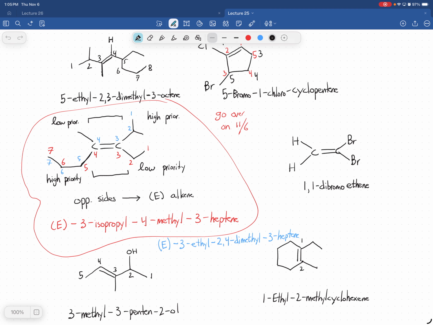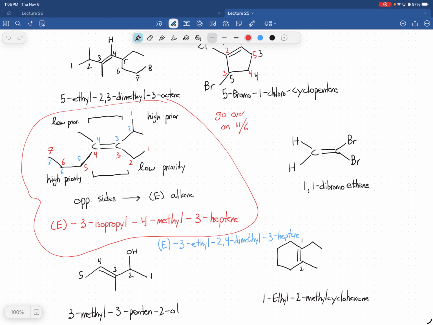All right. One thing I want to bring your attention to is that last week, on Tuesday, I made an error on naming these E and Z, so I want to go over that again. When you're picking priorities, you look at both carbon atoms. You don't go across the carbon atoms. You look at the individual alkene carbons.